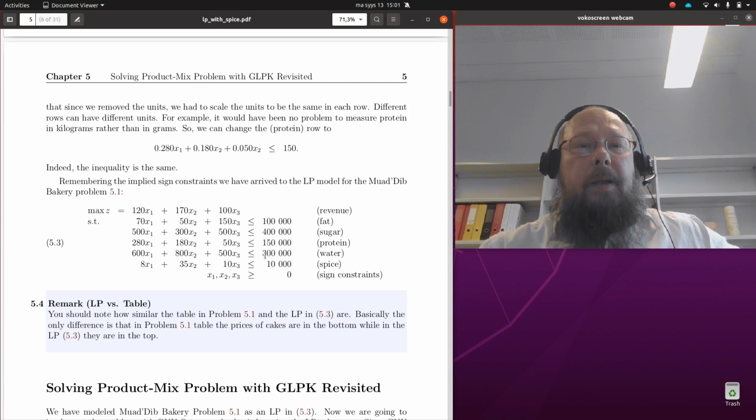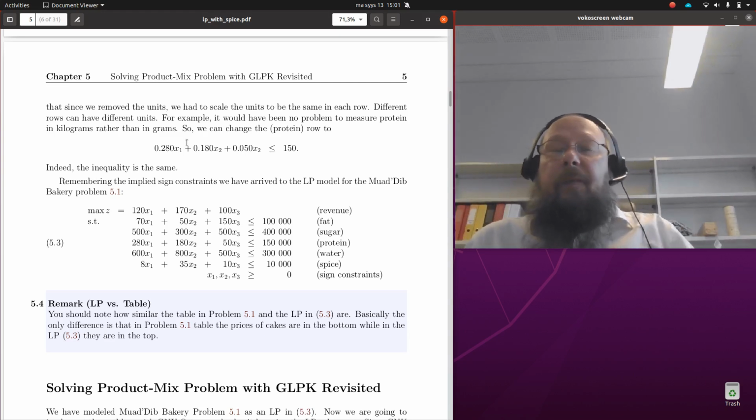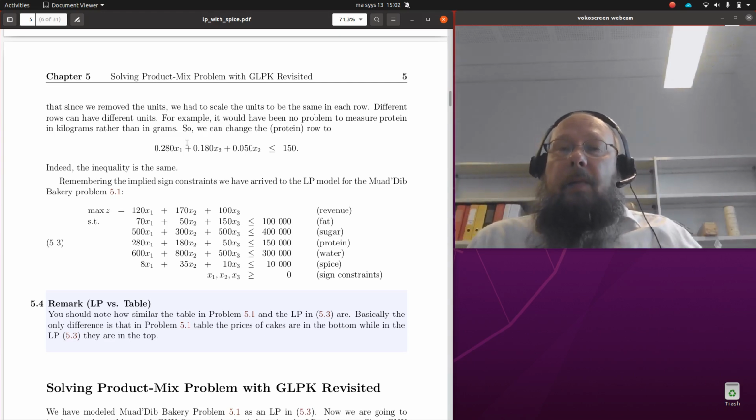If you take the protein inequality here and divide both sides by 1000, you get this. And I hope that you have all learned from school that if you have an inequality and you multiply or divide both sides with a positive number that's not 0, then it's the same inequality, nothing changes.